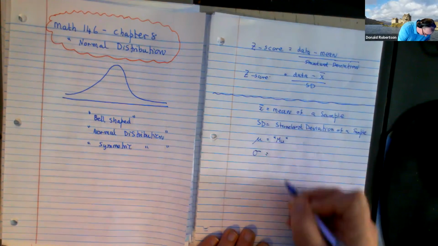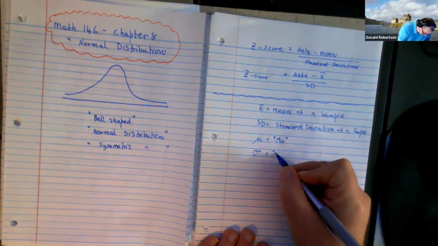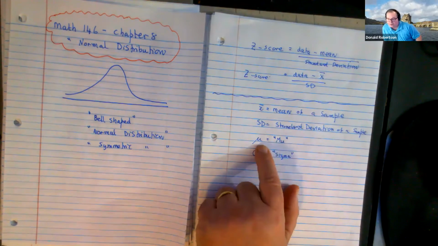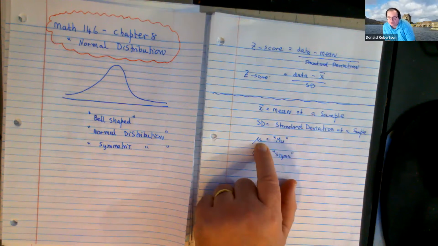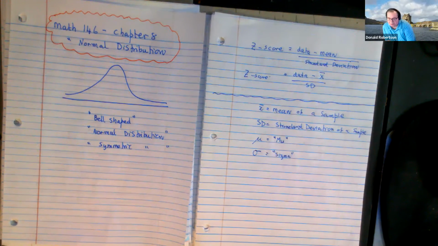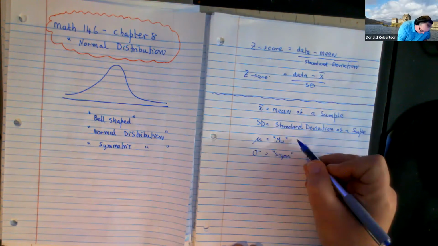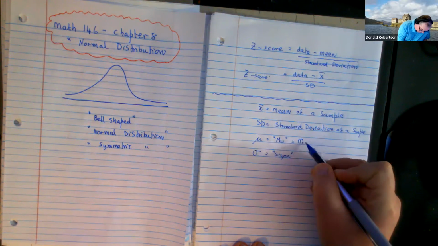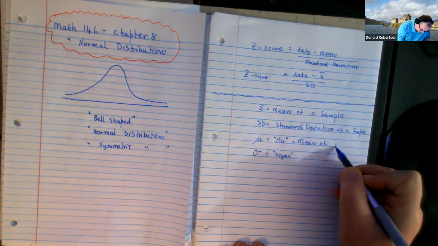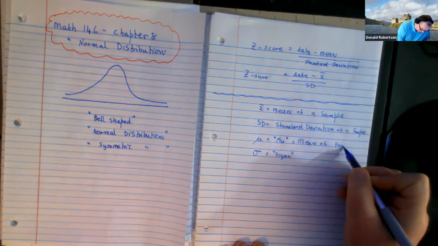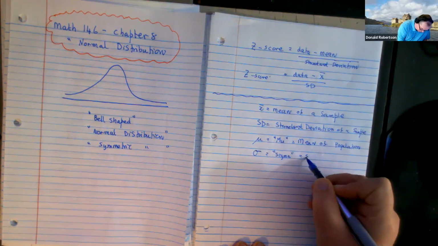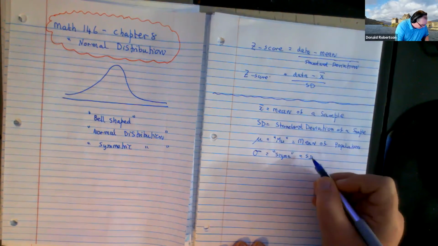And this is a Greek letter, you pronounce it as sigma. What does mu tell you? What is mu? Okay then, to remind you, it's the mean of the population. And sigma, I'll have to do SD, it's the standard deviation of the population.